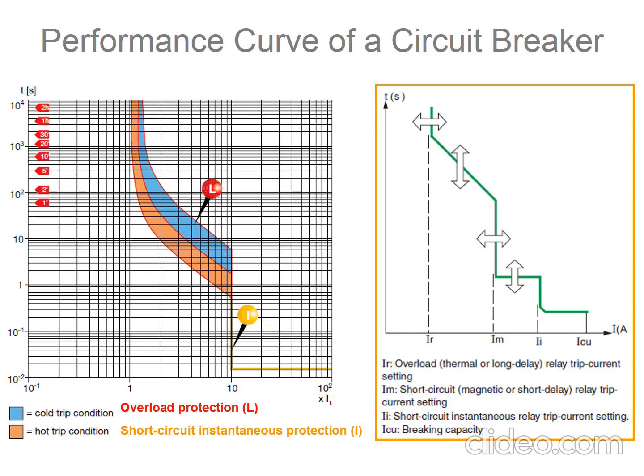We can see the overload setting IR here, and then this one is IM for the short circuit trip current setting. Then we have the short circuit instantaneous relay, and this one is the breaking capacity.